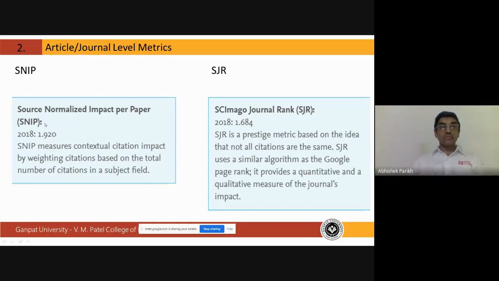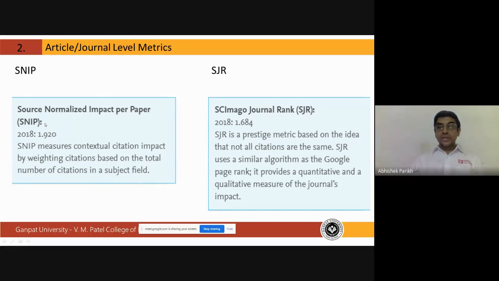We'll discuss it more when we talk about the article level metrics. Based on that weighted citation score, we divide by the number of documents for the particular year, and that will give us an idea about the SNIP. This is a smoother, more precise measure for identifying the quality of a journal, and even of an article. We'll discuss the article level in the next slide.